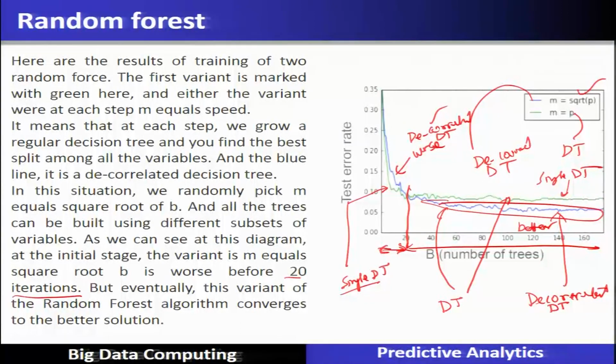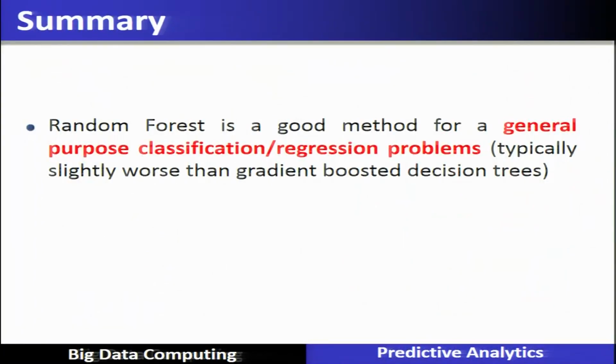Equivalently, this variant of the random forest algorithm converges to a better solution. That means, beyond 20 decision trees, this random forest algorithm converges to a better solution. So, random forest is a good method for general purpose classification and regression problems, typically slightly worse than gradient boosted decision trees. We will see both cases.